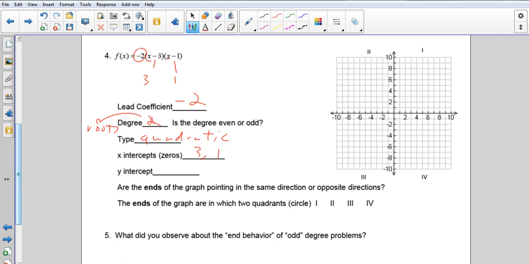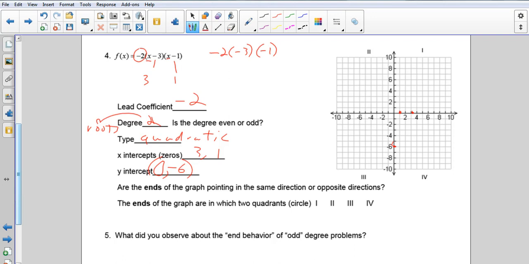If we plug in a 0, we get negative 2 times negative 3 times negative 1. We multiply those out. Negative 2 times negative 3 is positive 6, times negative 1 is negative 6. So that's my y-intercept when I plug in a 0. So 0, negative 6, 1, 0, and 3, 0.